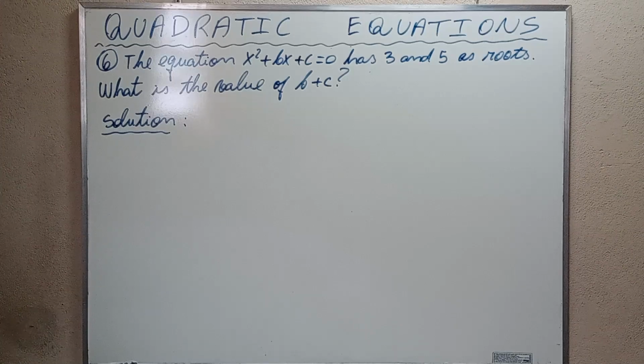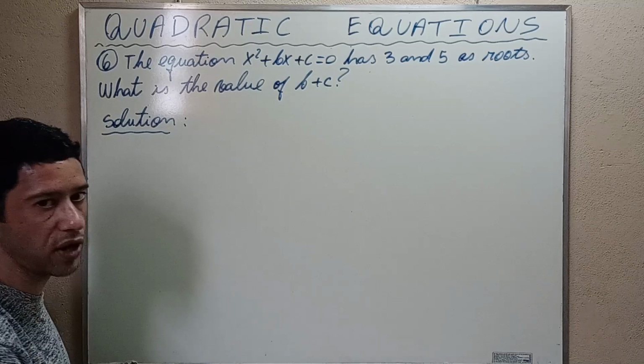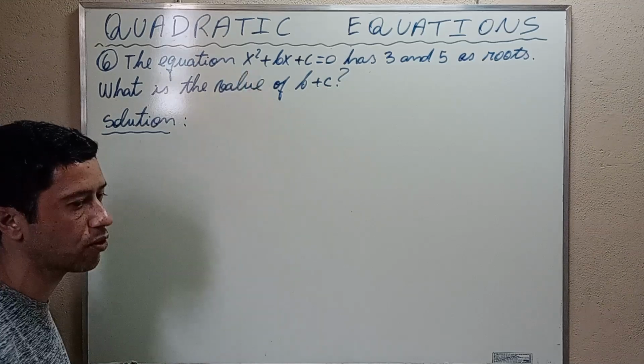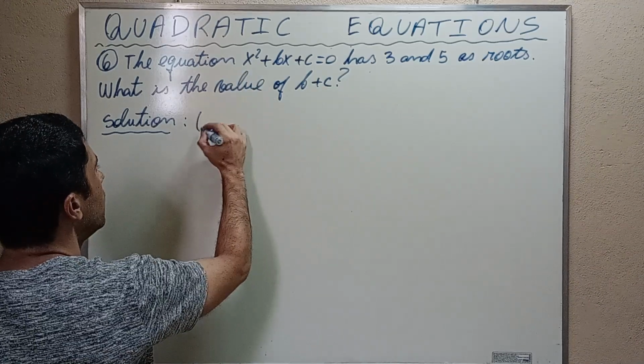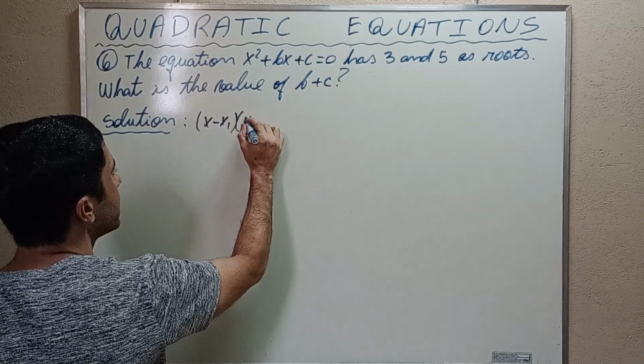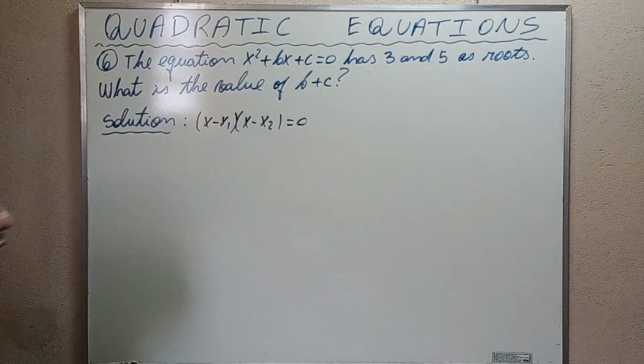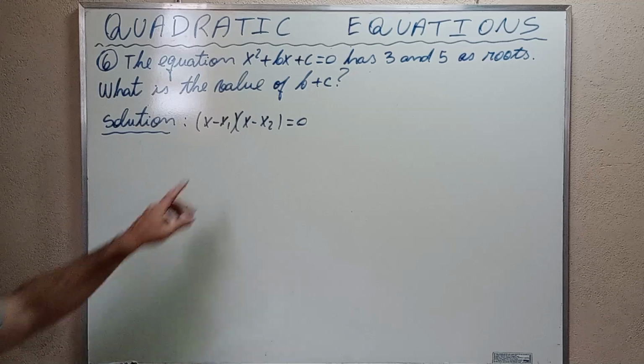Observe that if 3 and 5 are roots, then the equation can be written as, for any quadratic equation, x minus x1 times x minus x2 equal to 0 will produce the original equation.